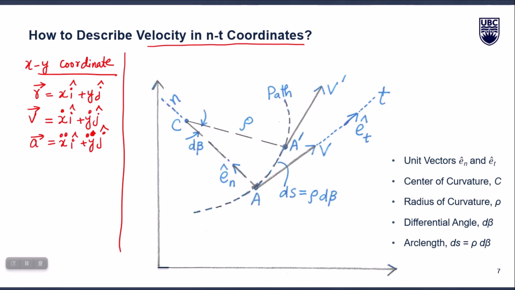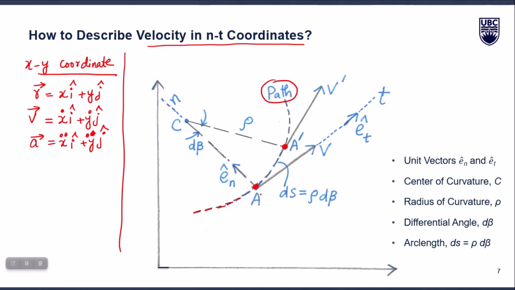In order to do that, first let's define a few notations. A particle was moving from point A, and then at the next time instant it moved to A prime, following a curved path, which is this curved path, right? So this is the path of the particle, and at two different time instants its location was A and A prime.